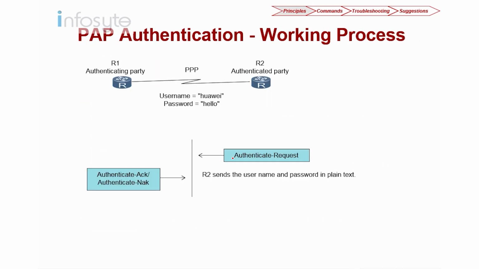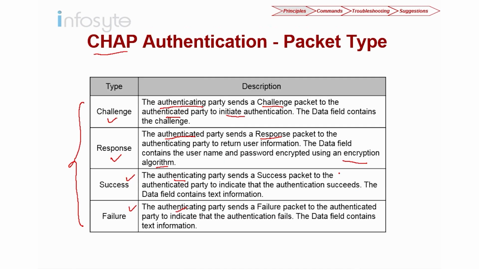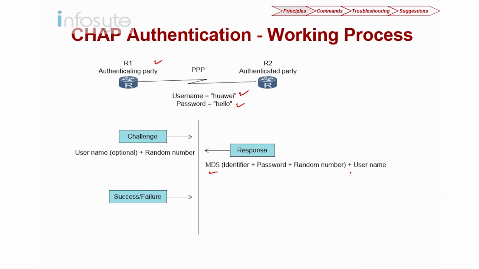If we go back to PAP, you can see that they send the username in plain text. So CHAP is more secure in this sense. Once you send back the MD5, the authenticating party is going to send another packet, either success or failure. Let's have a look into our trace.